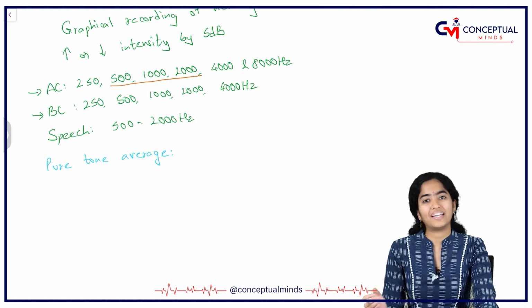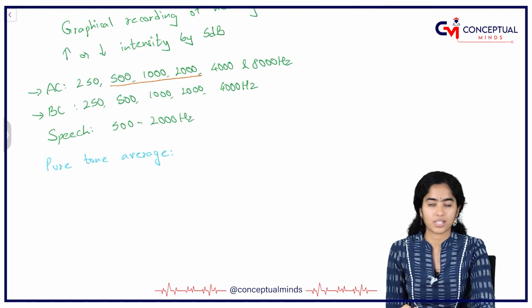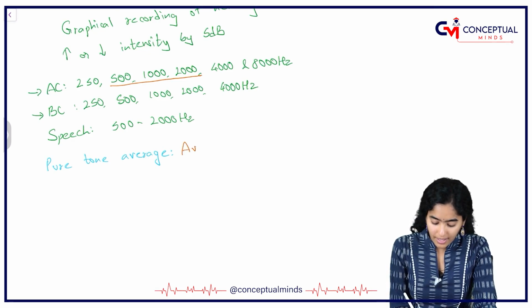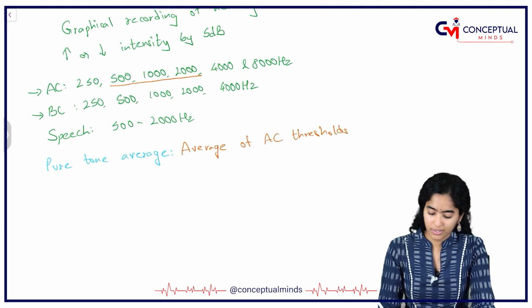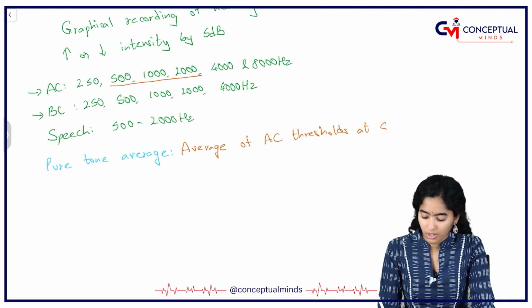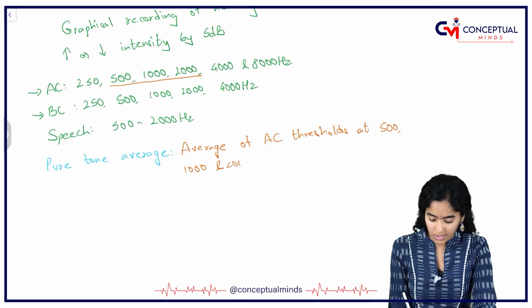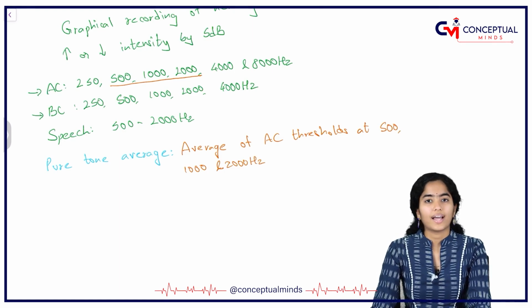It is used to predict speech reception threshold and it is used for various other purposes. So what is pure tone average? It is the average of air conduction thresholds at 500, 1000 and 2000 Hertz. This is pure tone average.